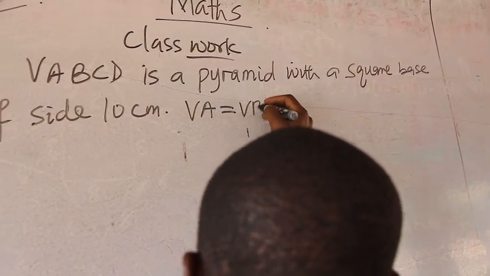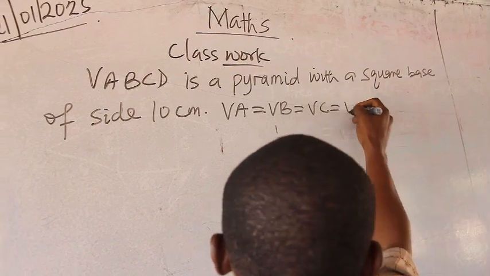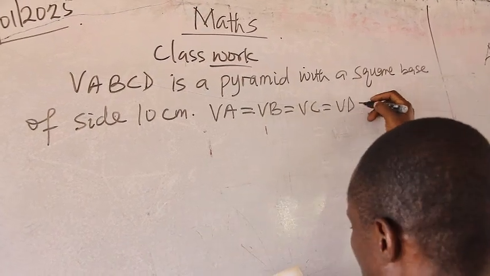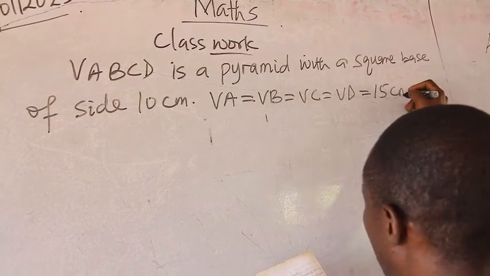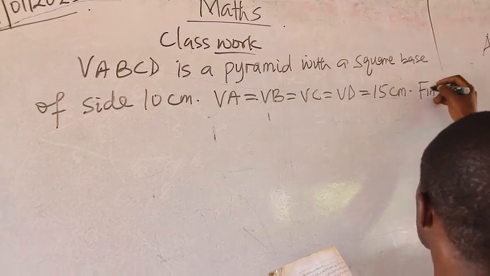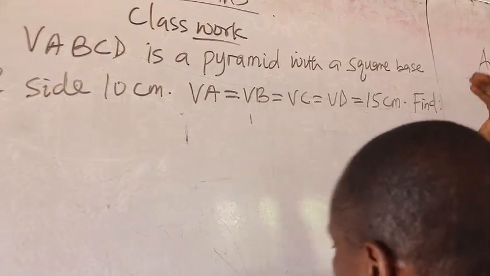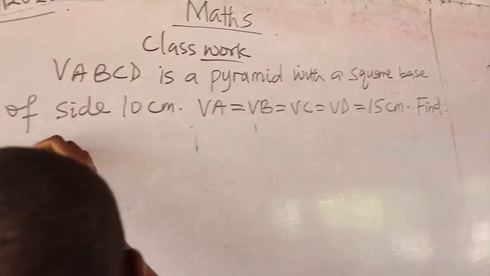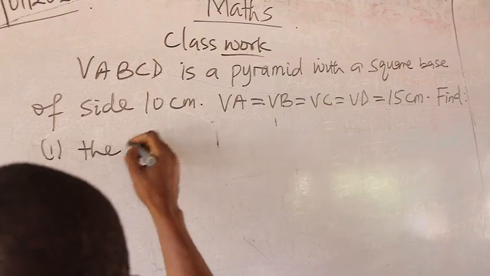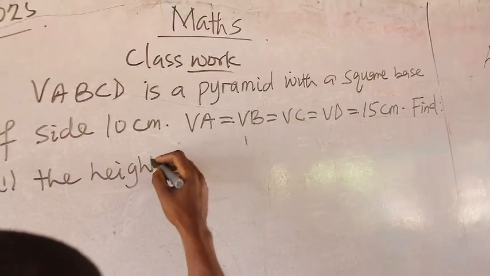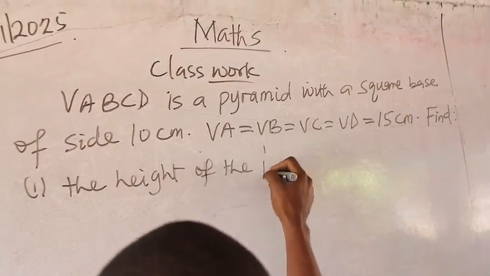VA equals VB equals VC equals VD, which is equal to 15 centimeter. Find one, the height of the pyramid.